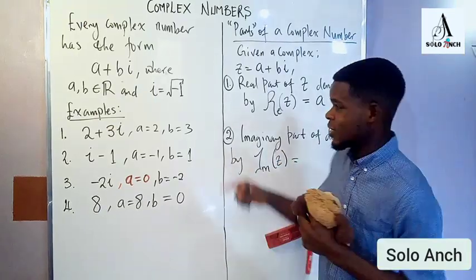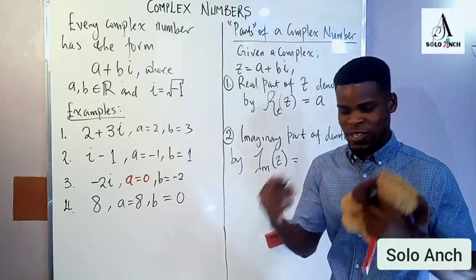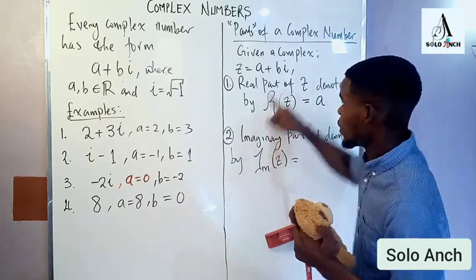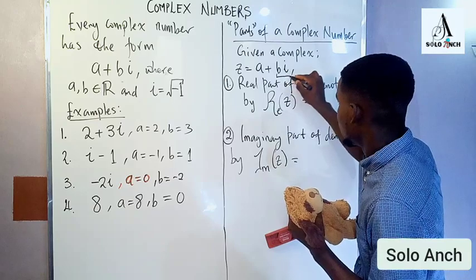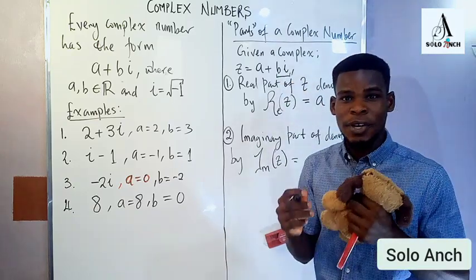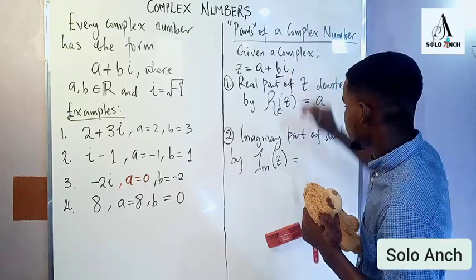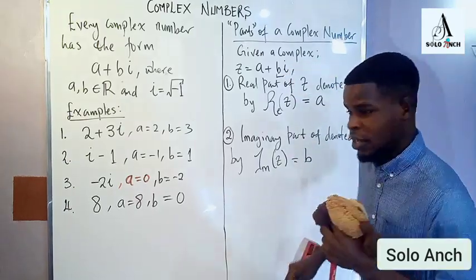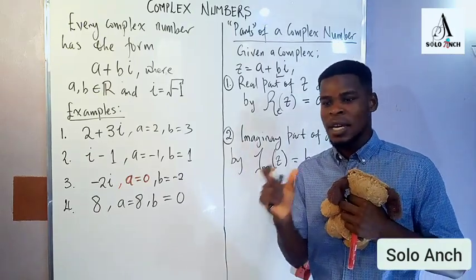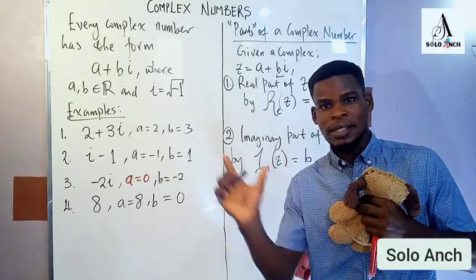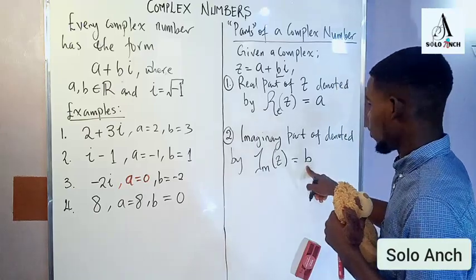Since the real part is the part that is independent of the i, you can think of the imaginary part as this other part, but it is not the entire thing. Rather, it is the real number that stands with the imaginary notation, that is the i, and that is going to be b. So given any complex number, the real part is the free part, the part without the i. Meanwhile, the imaginary part is the number that stands with the imaginary notation i. That's what we call b.